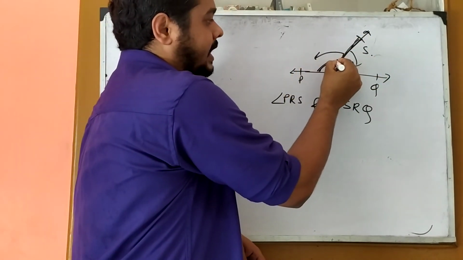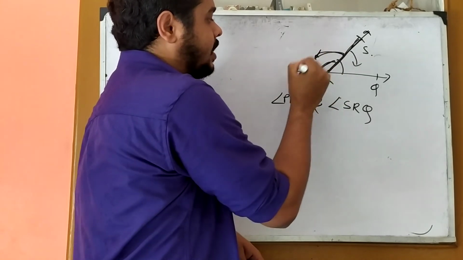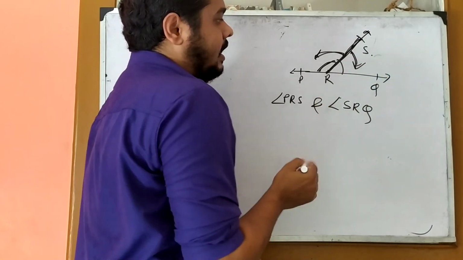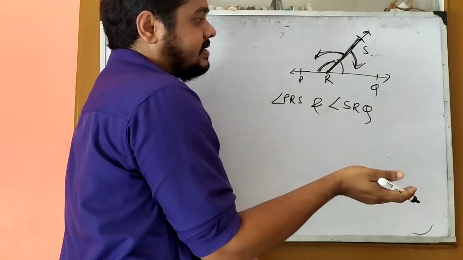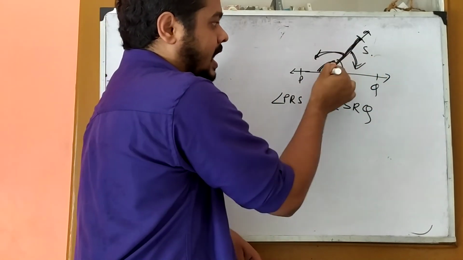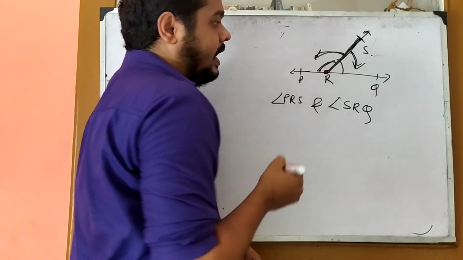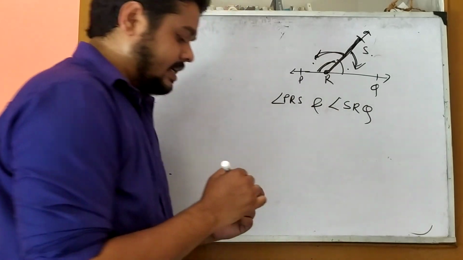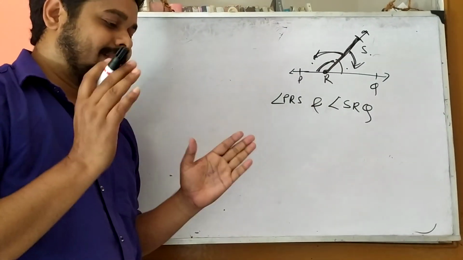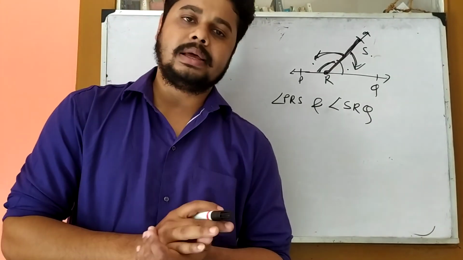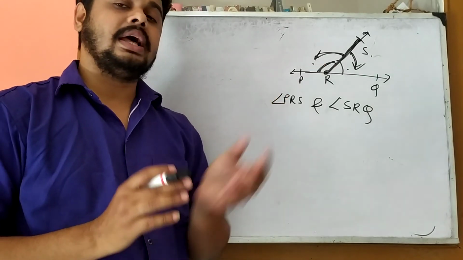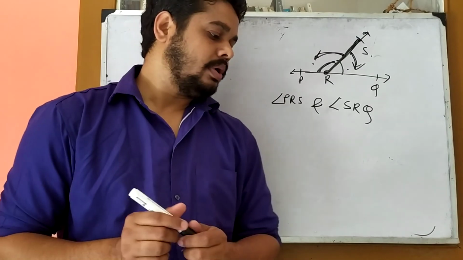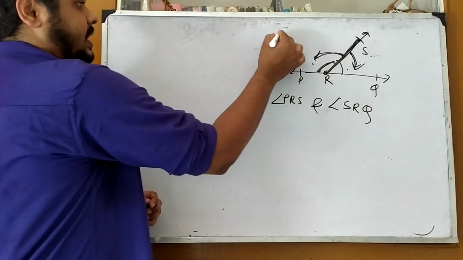Angle PRS is on the left hand side of the common arm RS, and this angle on the right hand side of the common arm RS, and they have a common vertex R, so they are adjacent angles. This definition and example were already given in the previous video. Now question number 10.